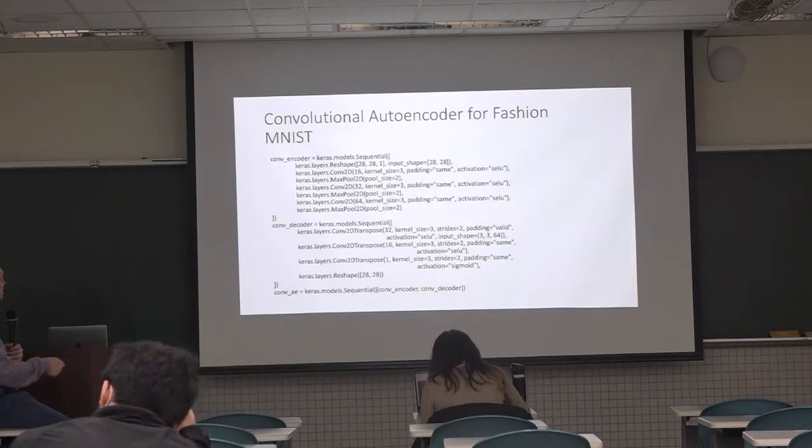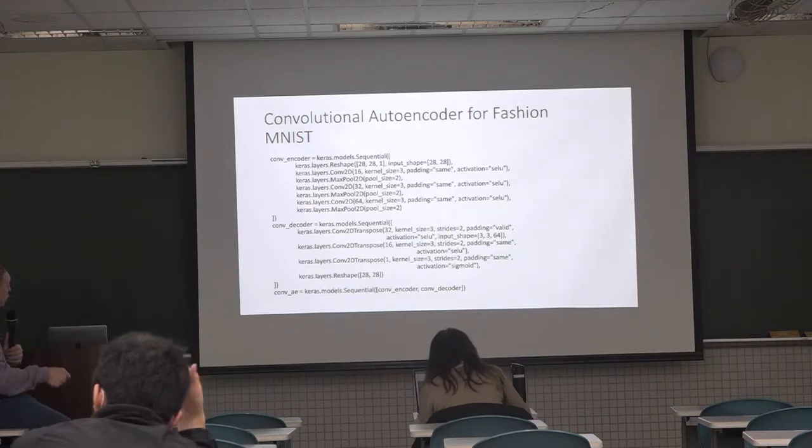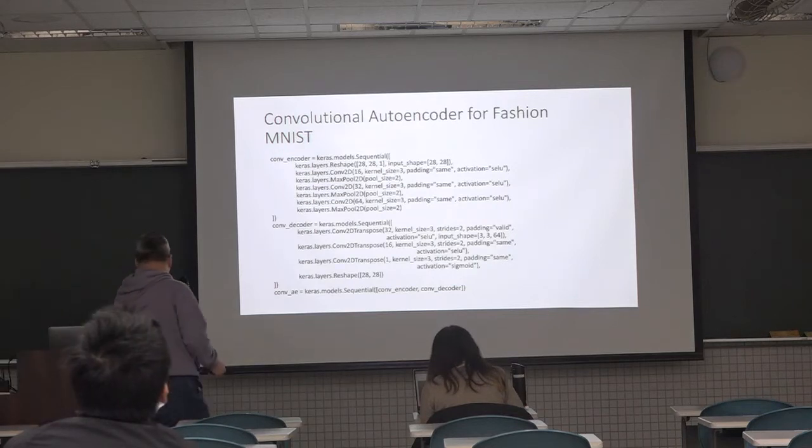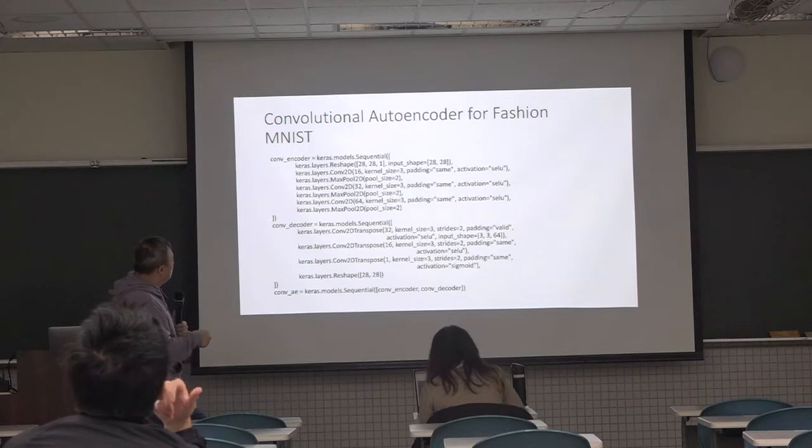Then we have another Conv2D with 64 feature maps, 3 by 3 kernel, same padding, ReLU activation, and again cut the width and height by half with max pooling. At this moment we are producing the coding. So this is for the encoder.